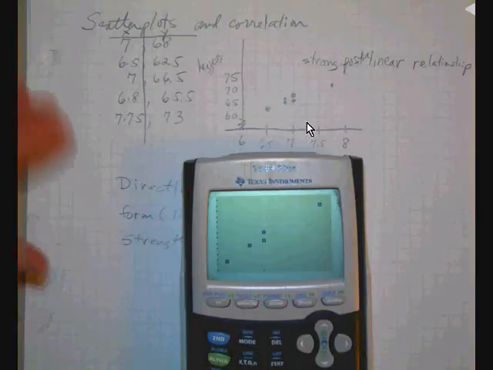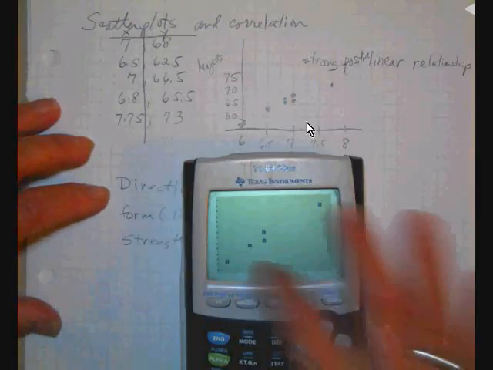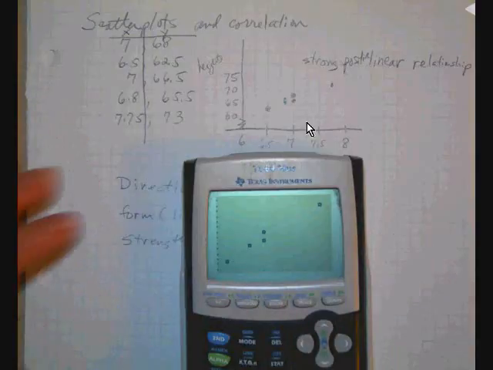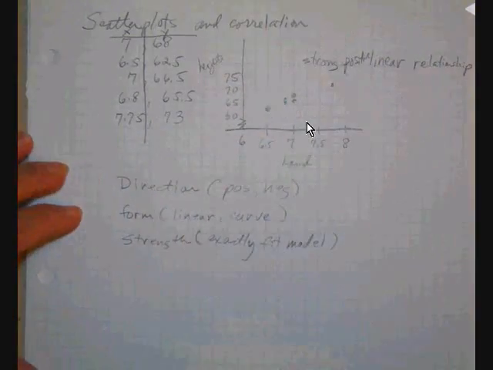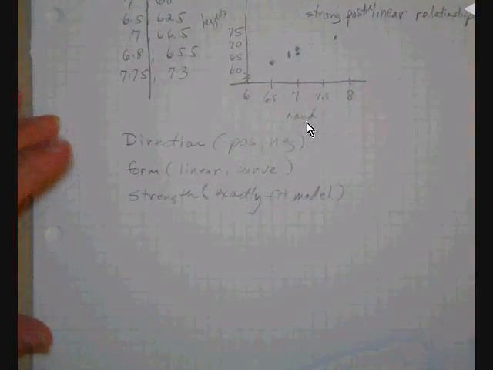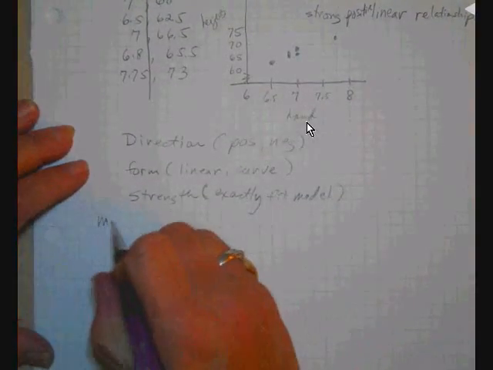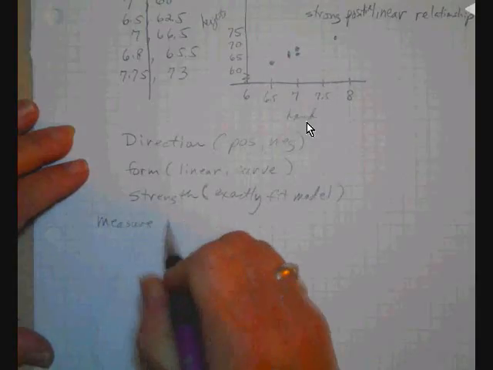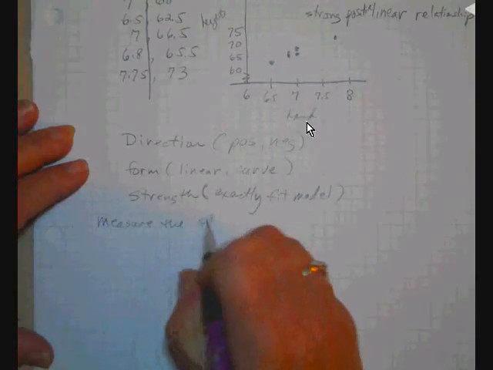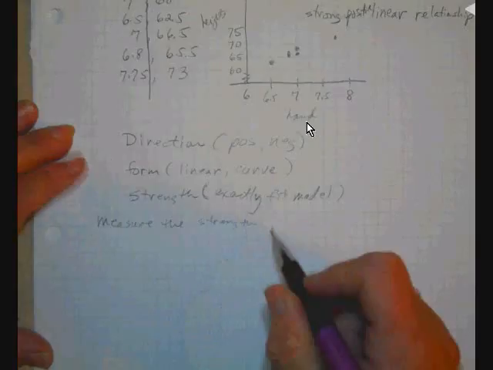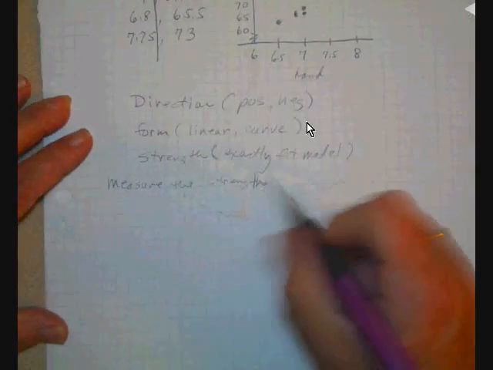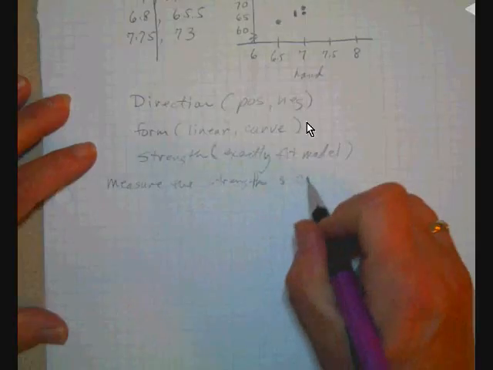All right. So next thing I'm going to do, going back to my paper now, is I am going to measure the strength of this relationship by a measurement called correlation.